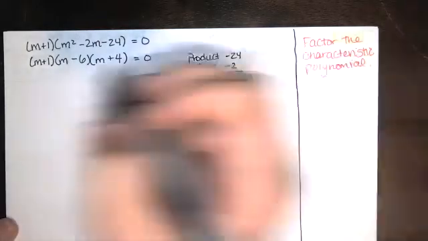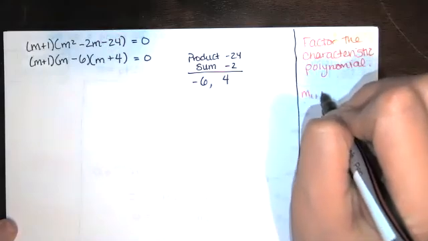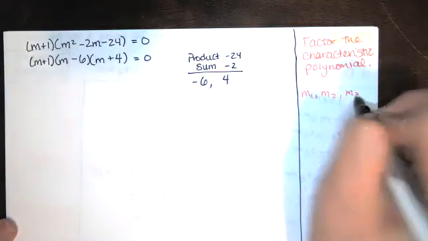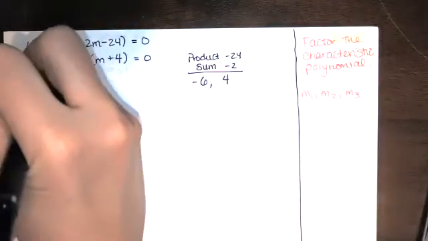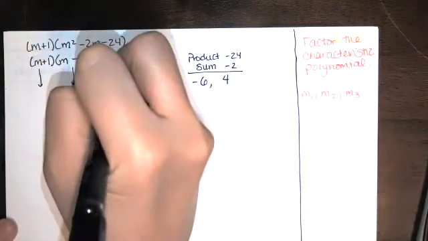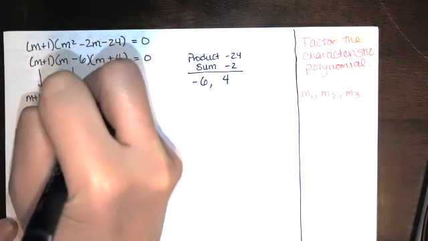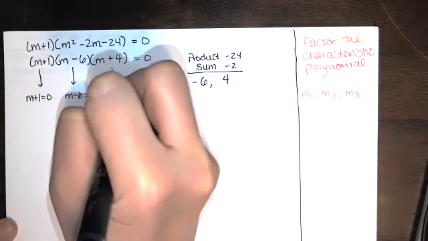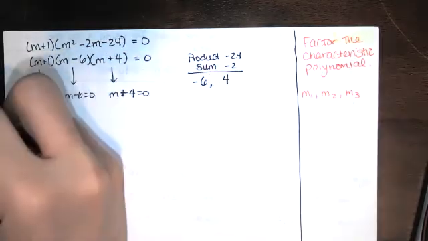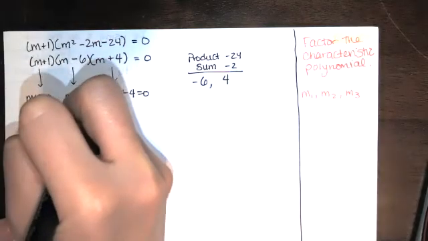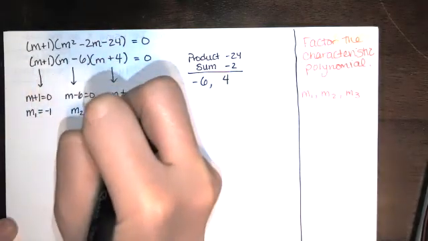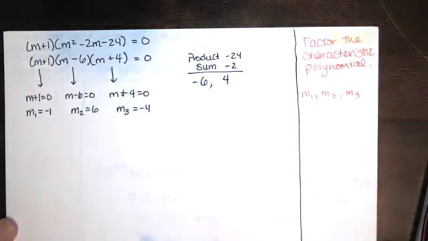So now we want to use these factors to find m1, m2, and m3. So we just set each factor equal to 0 and solve for m. So m1 is equal to negative 1, m2 is equal to 6, and m3 is equal to negative 4.